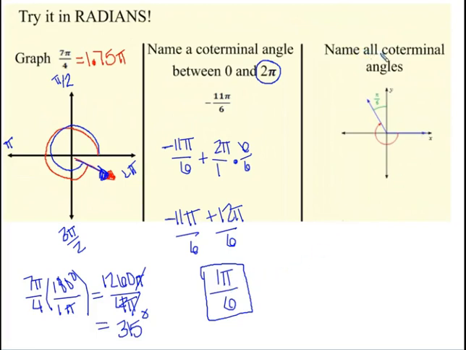Maybe we can name all the coterminal angles. So notice how in this one we're in the negative direction. We want to go that entire way. So we're going, it looks like 180 degrees, which is essentially pi, but we got to figure out what is this other piece, what is this section in here that we got to add on to it to get our entire degree. So we got to use this pi over 6, this other piece, to help us figure out this missing one.